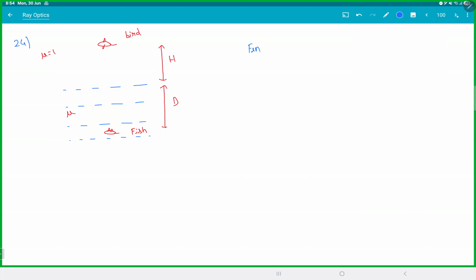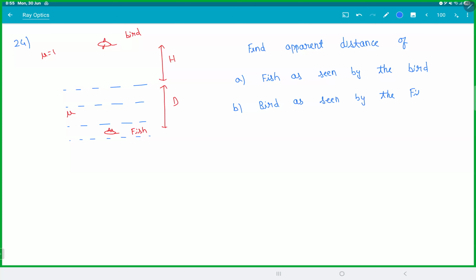So find the apparent distance of the first one, the fish as seen by the bird. Meaning fish is the object, bird is the observer. Second, the bird as seen by the fish. So bird is the object, fish is the observer.